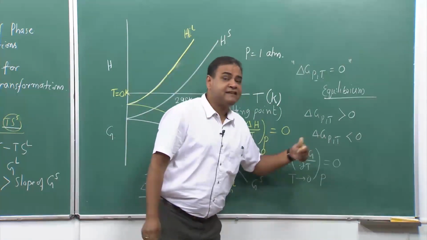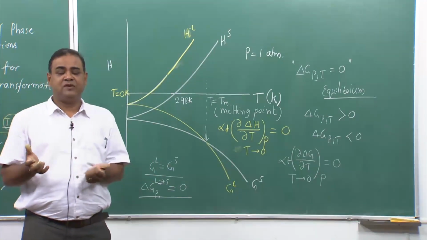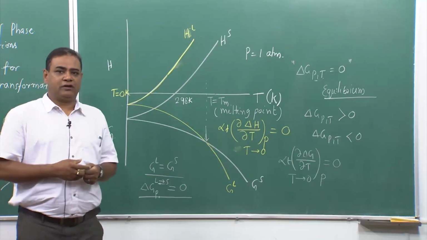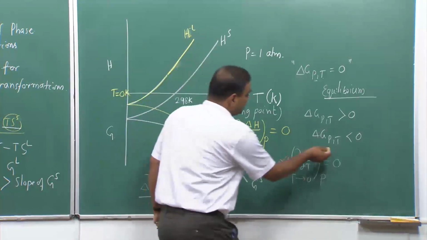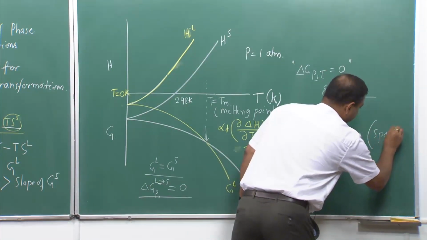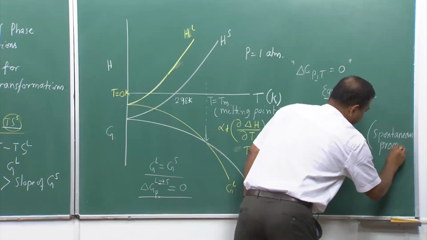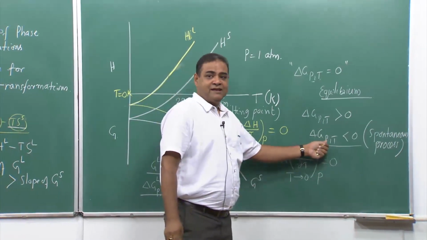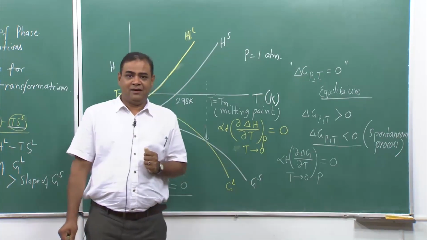Now, if it is less than 0, that means I have some energy which is freely available to do useful work, I can get some work output. So, that time we call it a spontaneous process. Spontaneous process means that transformation is possible. Okay?